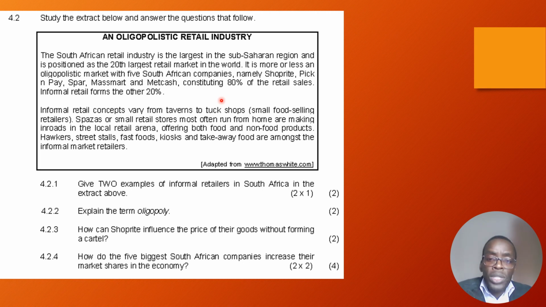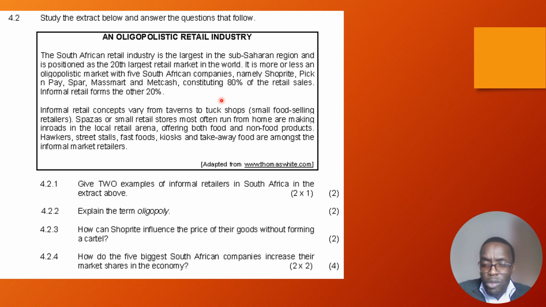In the informal sector, we are generally looking at taverns, tuck shops, spazas, and these other informal retail traders. They all fight for the remaining 20%. Now what are we saying?